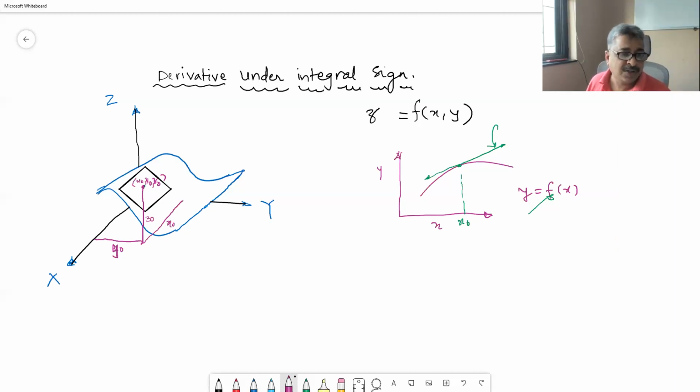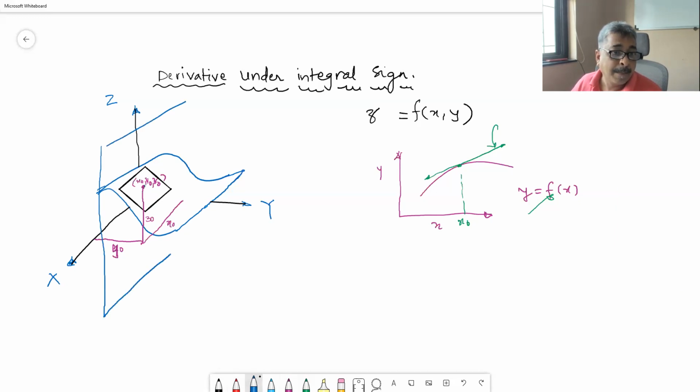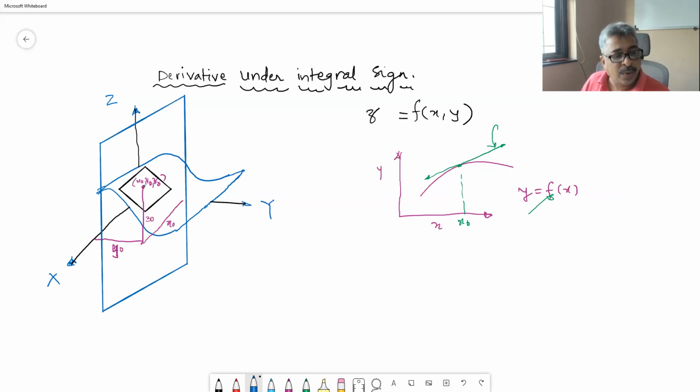Okay, so that is the situation of that point. And therefore what we would like to do, if we want to study the plane at x naught comma y naught comma z naught, is this is the plane which is parallel to xz plane but passing through this point, correct?